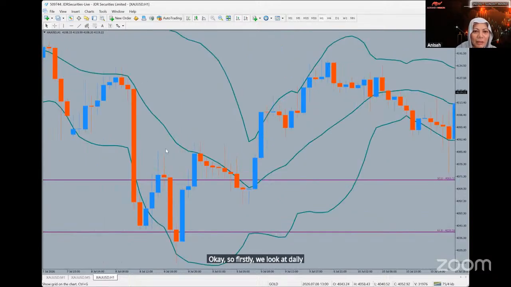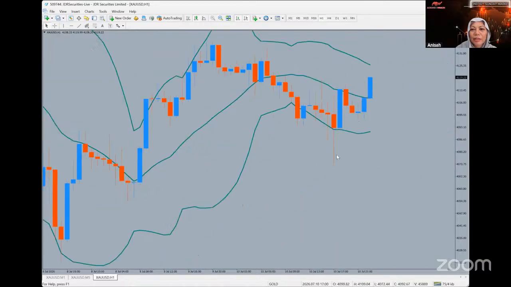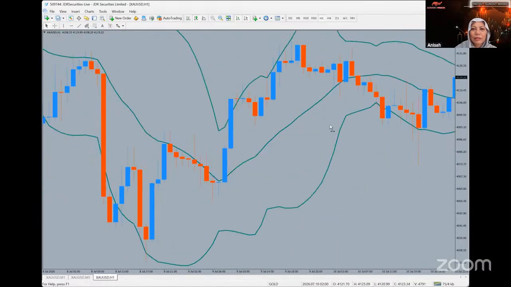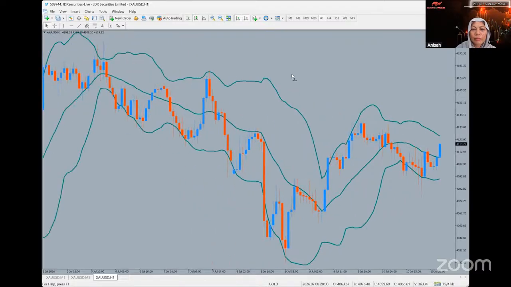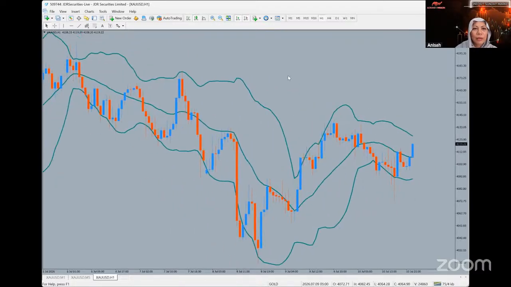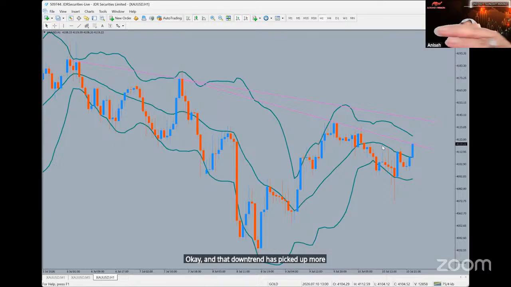Let me clear all this. So for gold, it is still an obvious downtrend, and that downtrend has picked up more momentum because it has gone steeper.